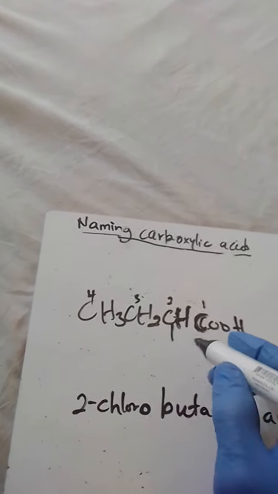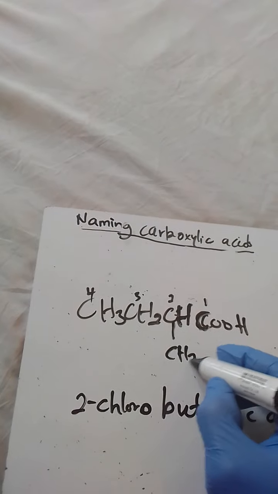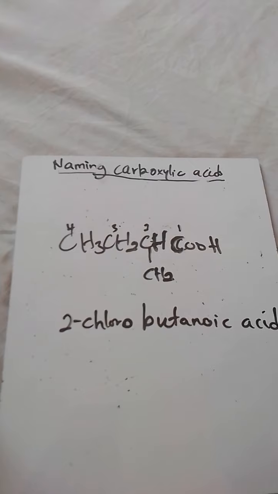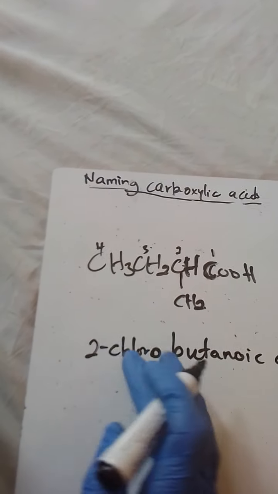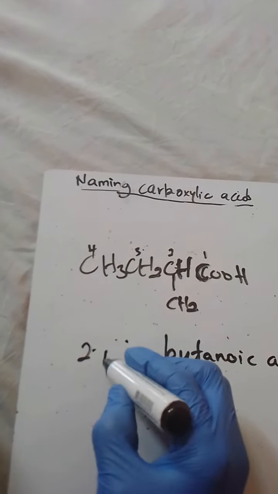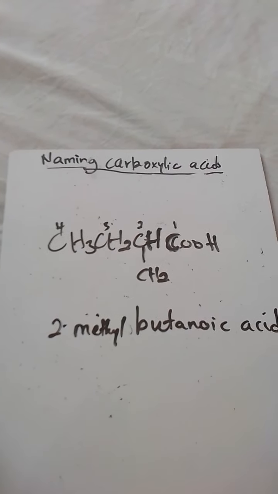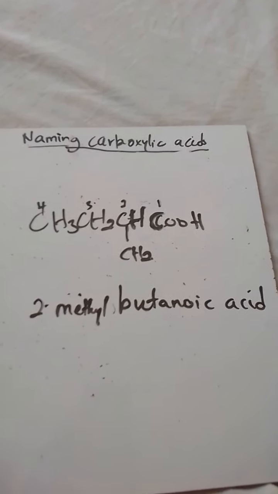If, let's say, here was a methyl group, it is going to be 2-methylbutanoic acid. So it's very simple.